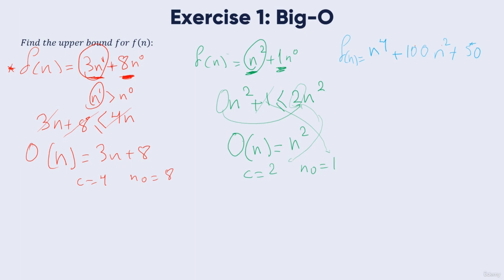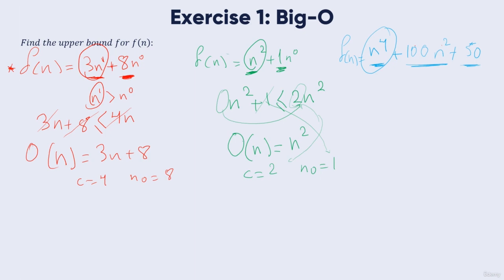In the same way, look at this function. We have three terms. What is the highest order of this function? What is the highest n order of this function? We have n to power 4. So what is multiplied by n to power 4? It is 1.